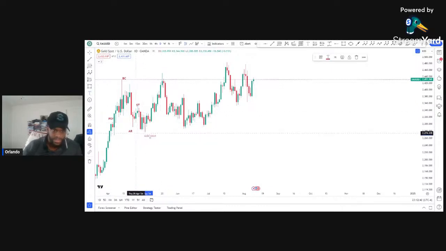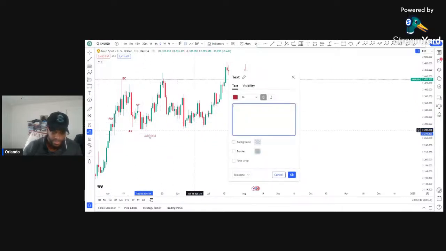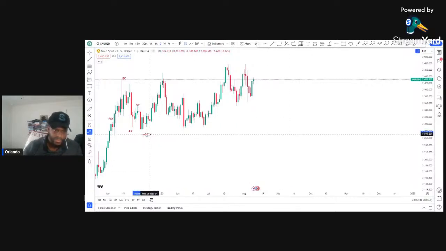Minor sign of weakness. Okay, this will be the upthrust. All right, this is a breaker structure, accumulation, reaccumulation, bam, break structure.